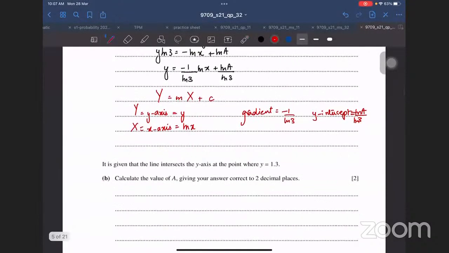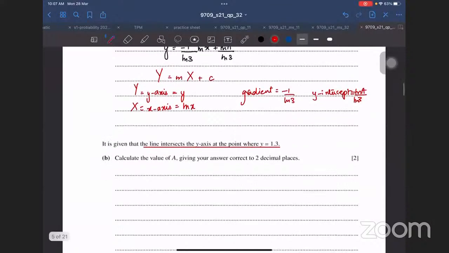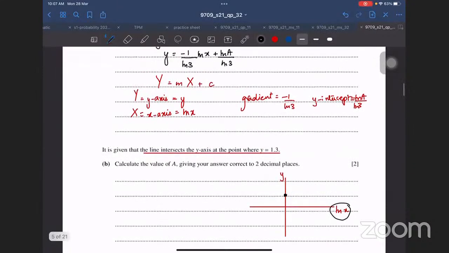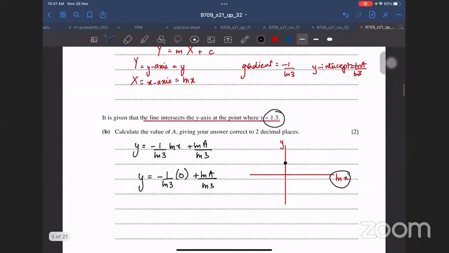Then it says that it is given that the line intersects the y-axis. Now remember that what you plotted was y against ln x. So when it intersects the y-axis, the value of ln x is 0. So how would you solve that? You would say that minus 1 over ln 3 times ln x plus ln a over ln 3 is equal to the value of y, which is 1.3, with ln x equal to 0.